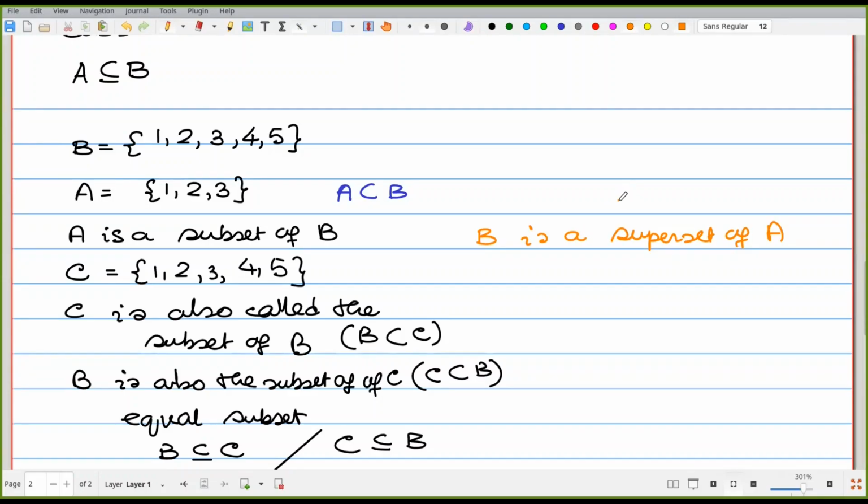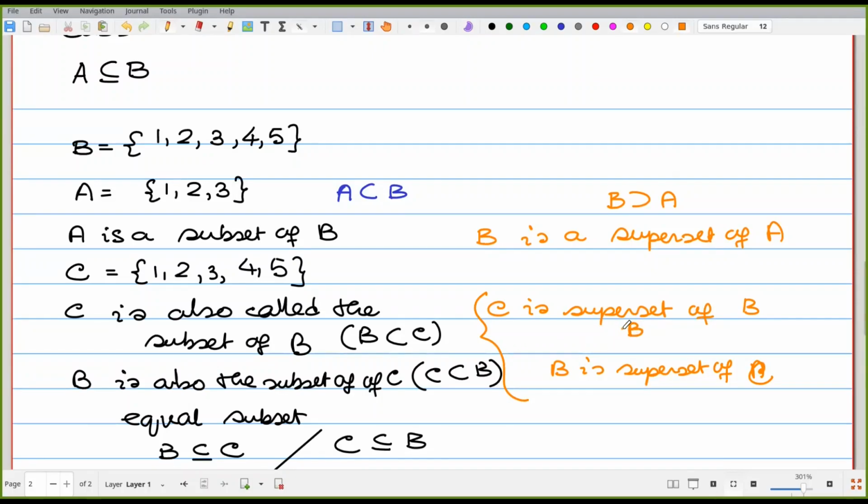And we can write it as B is the superset of A. Same here: C is a superset of B, or B is a superset of C. Both cases, B and C are involved.